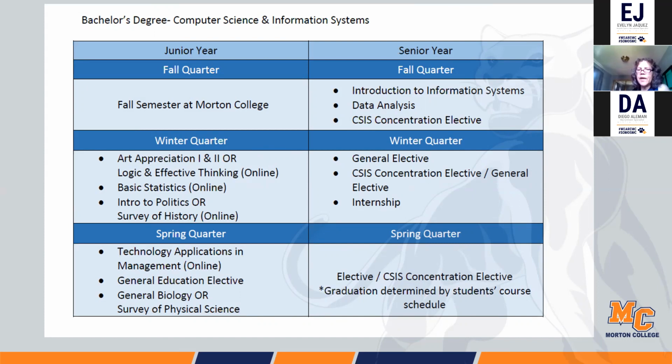And they have three concentrations. So their concentrations are either coding, network security, or analytics. This is their lineup of classes where it says concentration elective. It's going to depend on which concentration you choose.